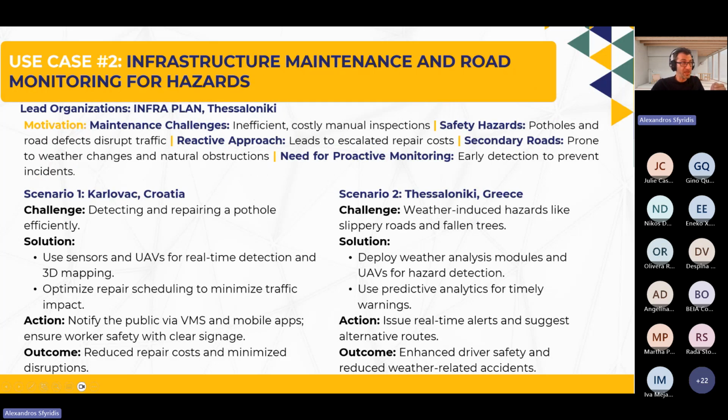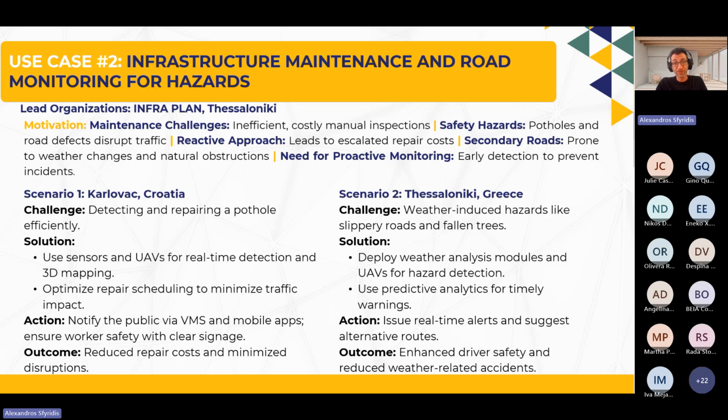Going to use case 2. So infrastructure maintenance and road monitoring for hazards. As the title indicates, there's a focus on insufficient and costly minor inspections with regard to road maintenance, where many times we have potholes and other types of deformations of the street per se that can disrupt traffic and also lead to accidents.